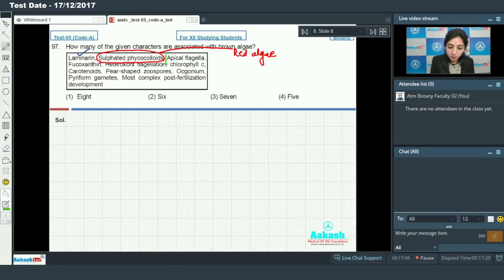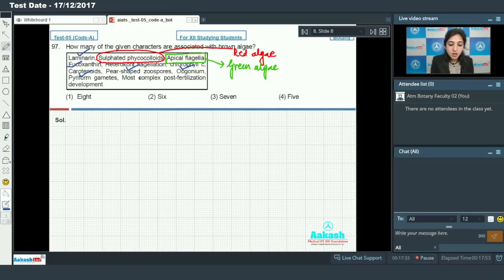Apical flagella, equal and apical flagella are present in green algae. In brown algae the flagella are unequal and laterally attached. Fucoxanthin, this is true. It is present in brown algae. Heterokont flagellation, true. Chlorophyll c is present in brown algae.